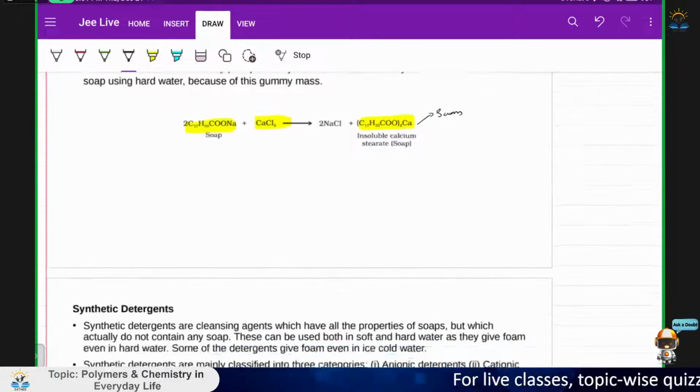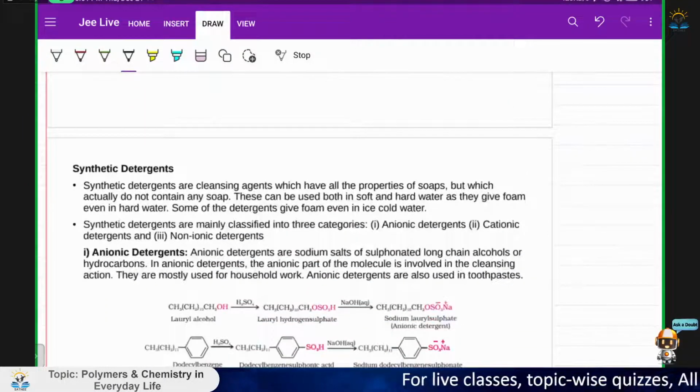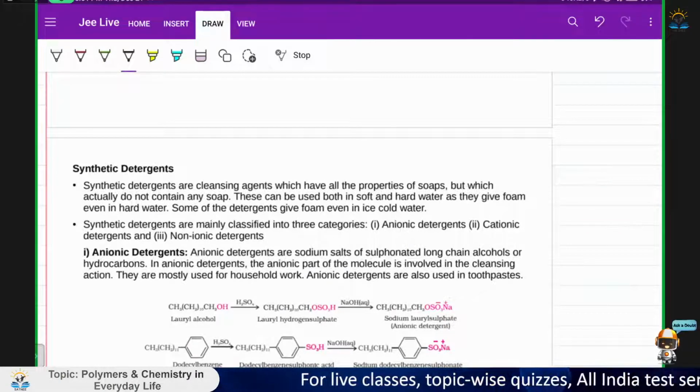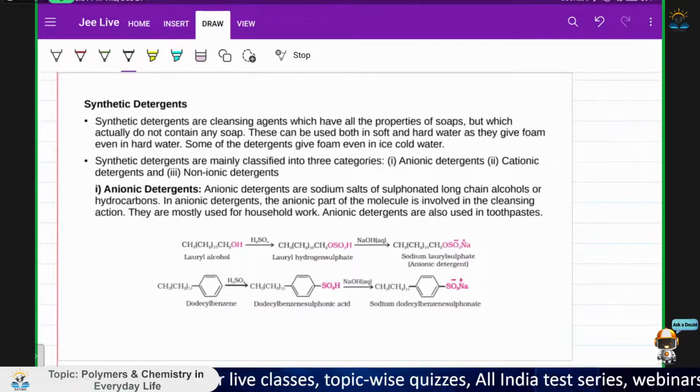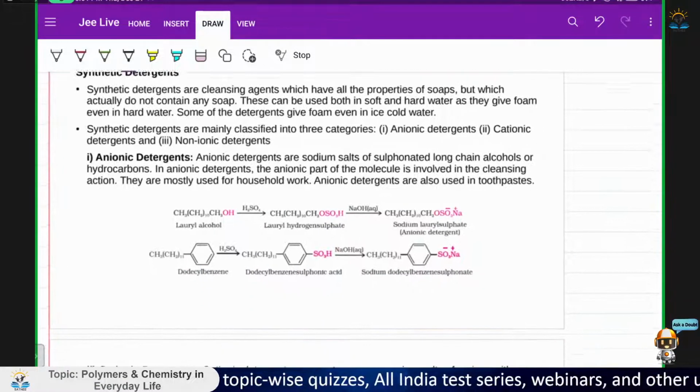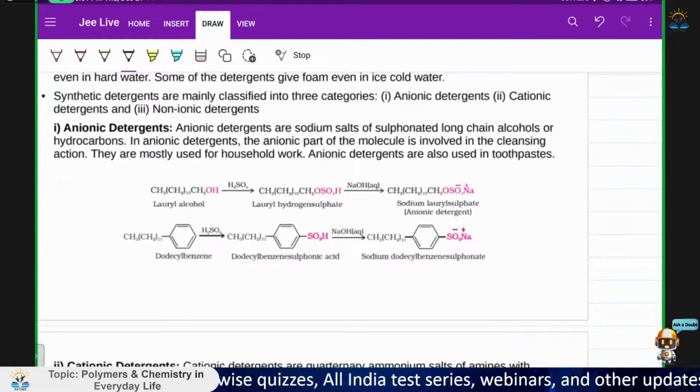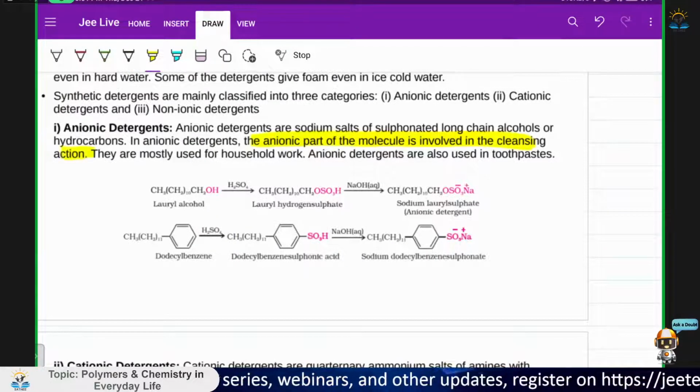So we had to create a detergent which gives foam, or lathers, even in hard water. Such detergents are called synthetic detergents. Synthetic detergents can be classified into anionic, cationic, and non-ionic. Anionic detergents, examples are given. Here the anionic part is the molecule involved in the cleansing action.